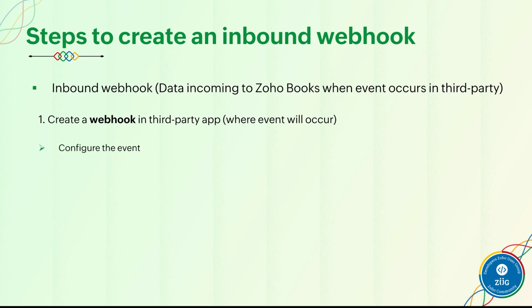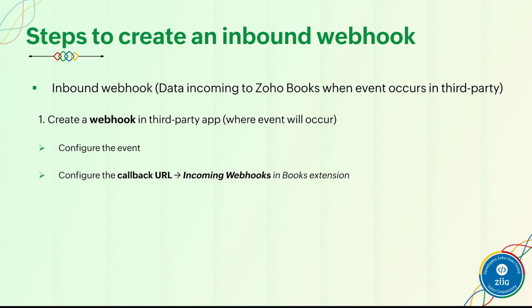This is the specific action or trigger in the third-party application that should activate the webhook. Then the callback URL. This is the endpoint in Zoho Books where the real-time data will be sent. Since Zoho Books is going to receive the real-time data, we'll need to generate a callback URL that can handle this incoming request.